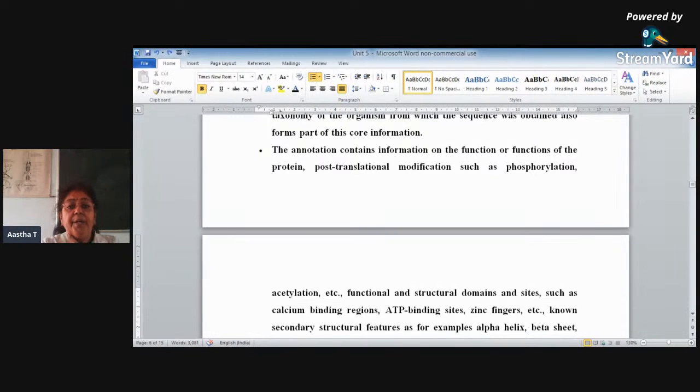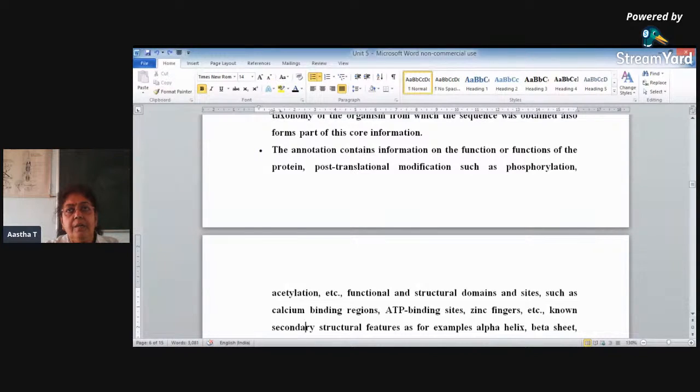So what will be included in annotation? Core data includes the sequence of amino acids, and the taxonomical features of the organism from which the protein has been isolated. What does the annotate data include? It includes the applied aspect, that is the function of that protein, and the post-translational modifications in that protein like phosphorylation, acetylation, glycosylation.